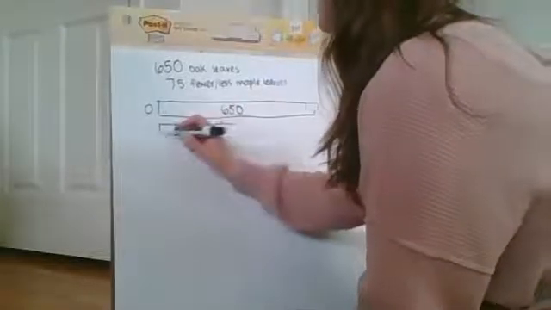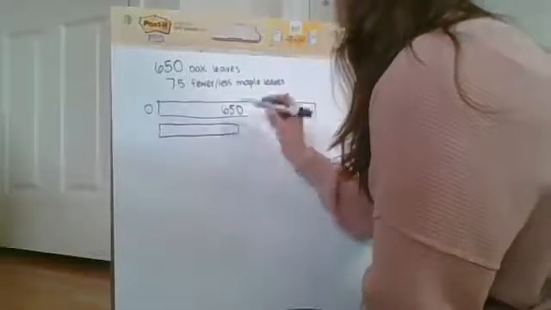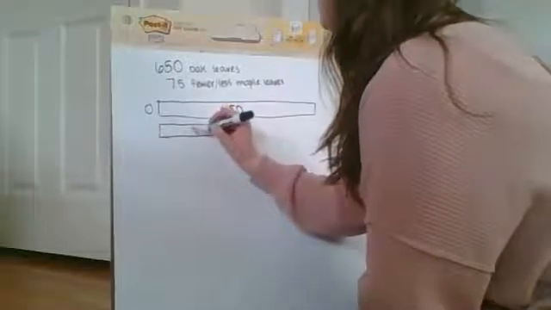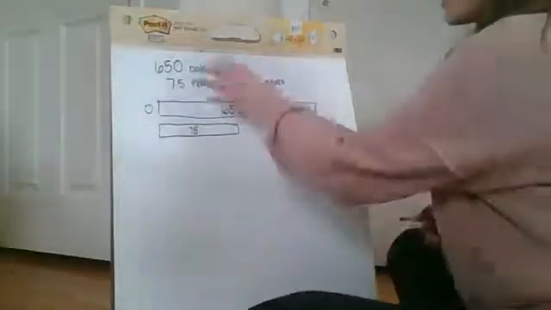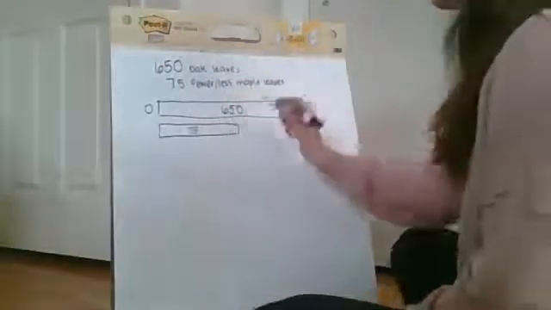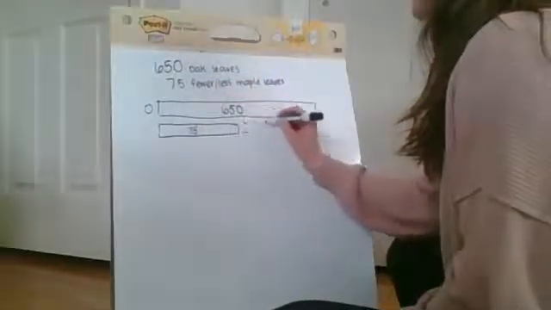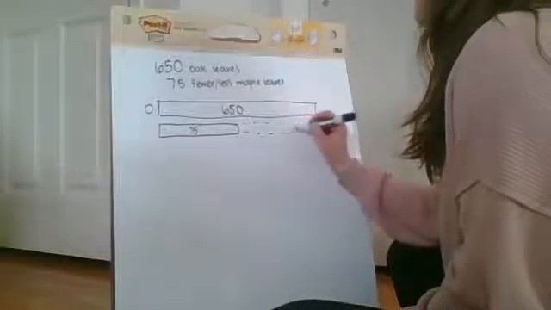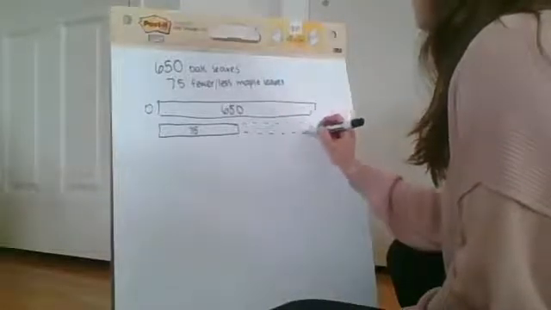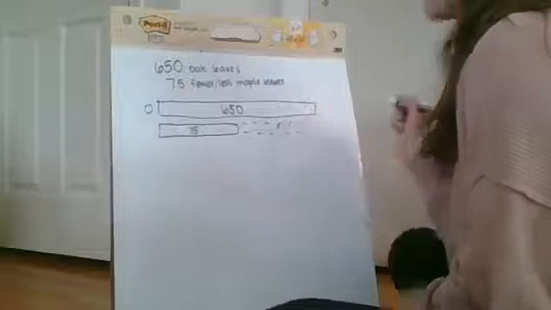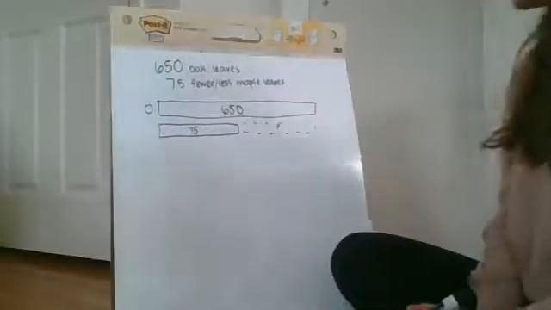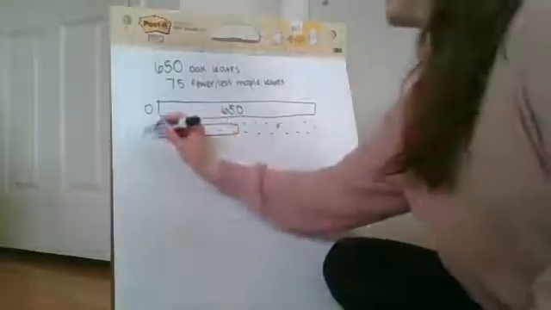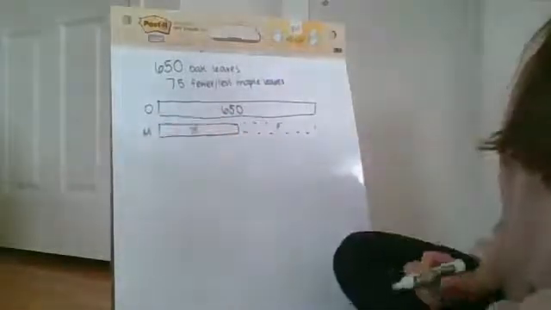I'm going to put this down here because I know that less means that I'm not putting them together, right? If it said all together, then I would be putting those two parts together, but I don't know how many maple leaves he collected yet. So I'm solving for this missing part. And we know that when we're solving for a missing part, we're going to be doing subtraction. So I'm going to label this with an M to know that I'm solving for my maple leaves.